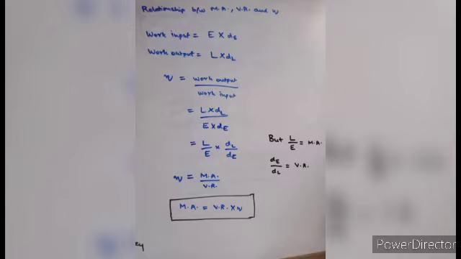L upon E is mechanical advantage, and here we have dL by dE, but we know that dE by dL is velocity ratio, so this is its reciprocal. So efficiency, that is eta, will be equal to mechanical advantage upon velocity ratio, which gives mechanical advantage equal to velocity ratio into efficiency. So it is a relation between these three quantities, and you must know this because sometimes it comes.